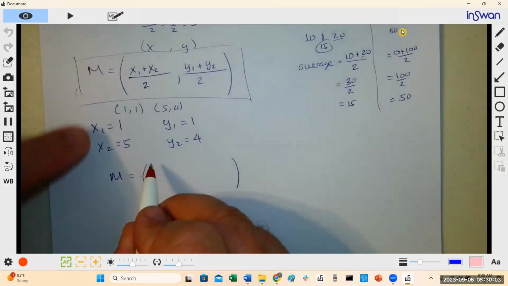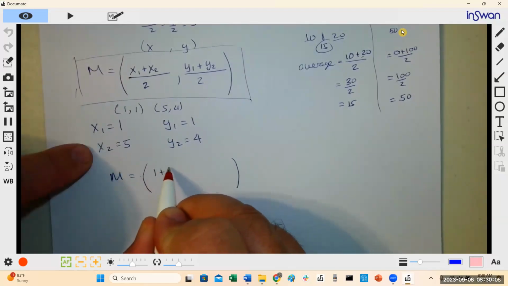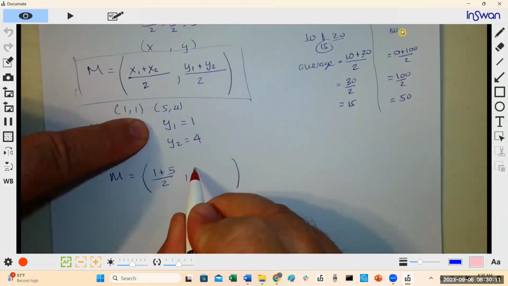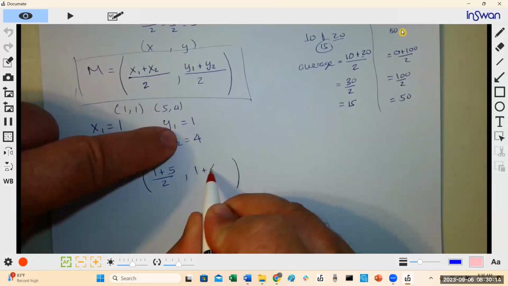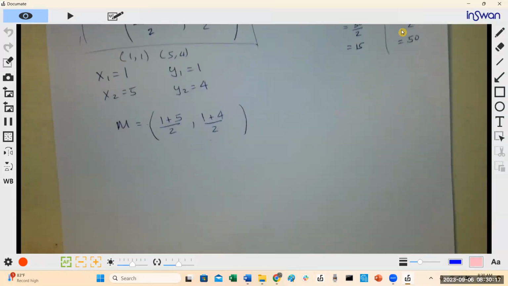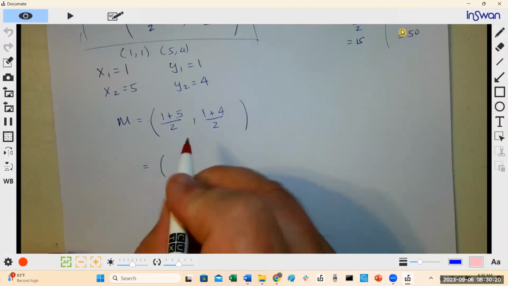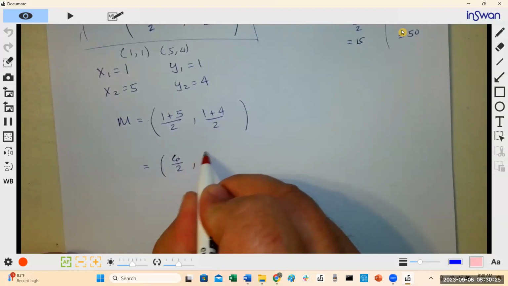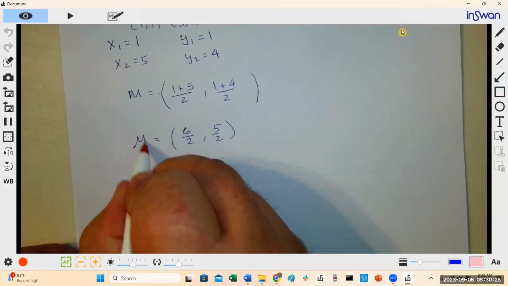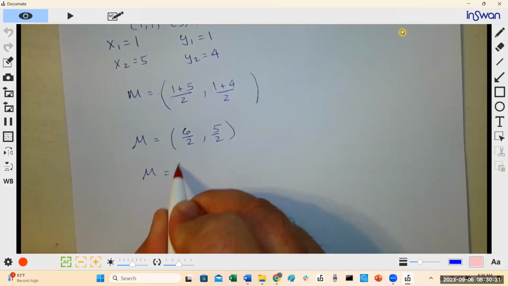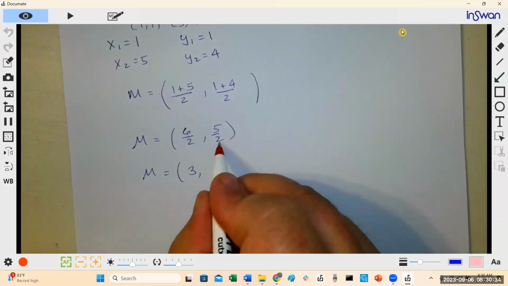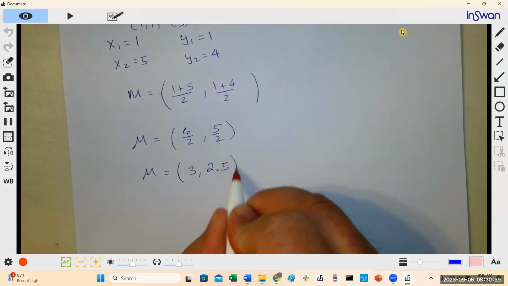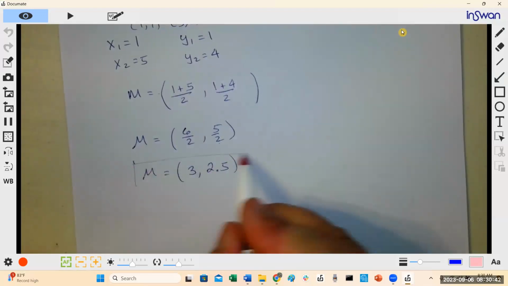So we have x1 plus x2 over 2, y1 plus y2 over 2. 1 plus 5 is 6, divided by 2. 1 plus 4 is 5. 6 divided by 2 is 3. 2 goes into 5 twice, and you get 1/2 at the end. 2.5, or 2 and a half, or however you want to write it. That's the midpoint.